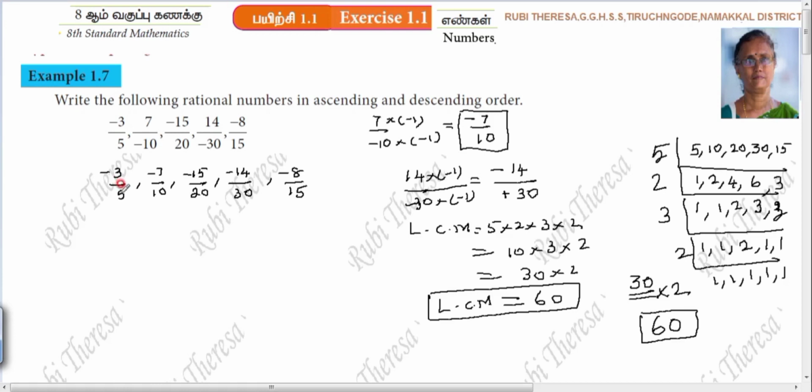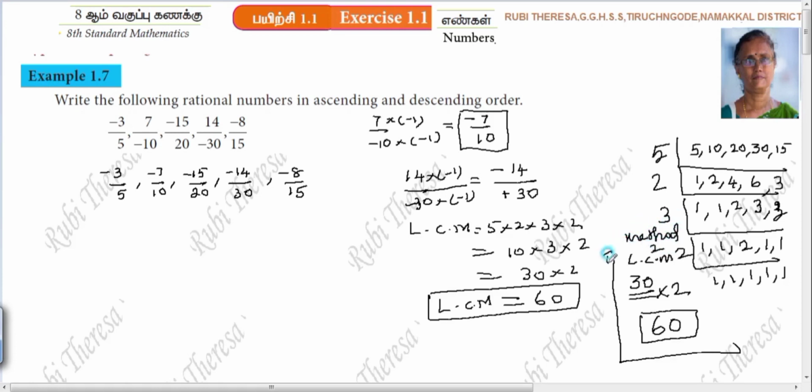It is divisible by 5. 60 is divisible by 10, the 10 table is coming. 12 5s are 60. 6 10s are 60. 3 20s are 60. 4 15s are 60. So 60 is the LCM. This is another way of finding the LCM.